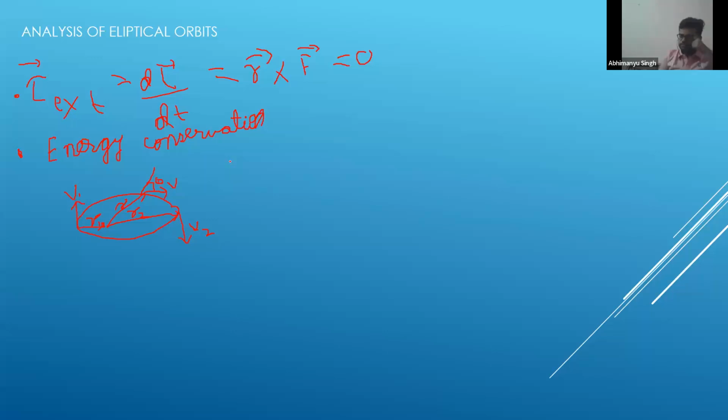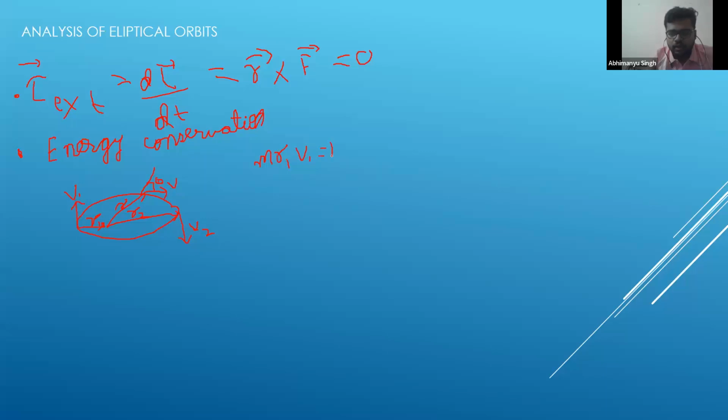Applying angular momentum conservation, we have m r1 v1. At these two points the velocity is perpendicular, so there will be no sine theta term. The formula is r cross p, so it is just r cross v, because mass is a scalar quantity and we take it outside.